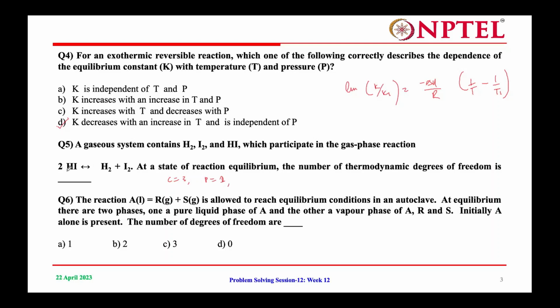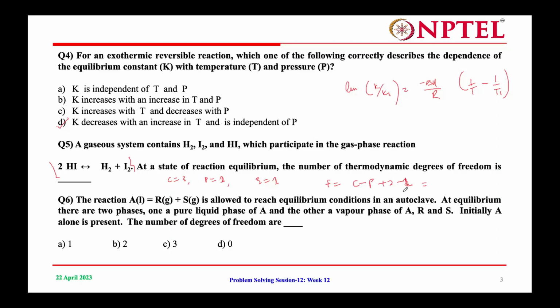Now here is one independent reaction, denoted by R. So the number of degrees of freedom equals C minus P plus 2 minus R, where R is the number of independent reactions.